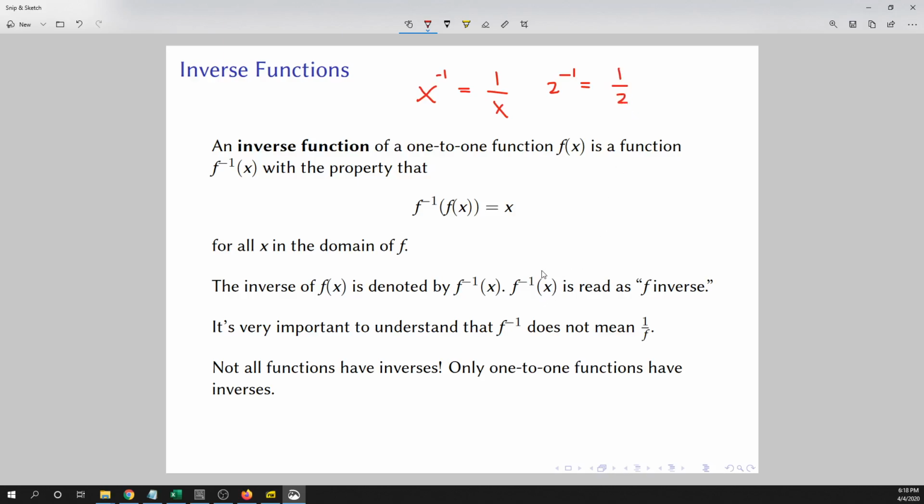But here, when they write it like this, in this context, they give you a function. They're talking about a function f of x, and then they start talking about f inverse. That is in no way related to the exponent topic. It's a completely separate idea. That's a little confusing, but think about how the English language works. There are lots of words that are spelled exactly the same but mean completely different things.